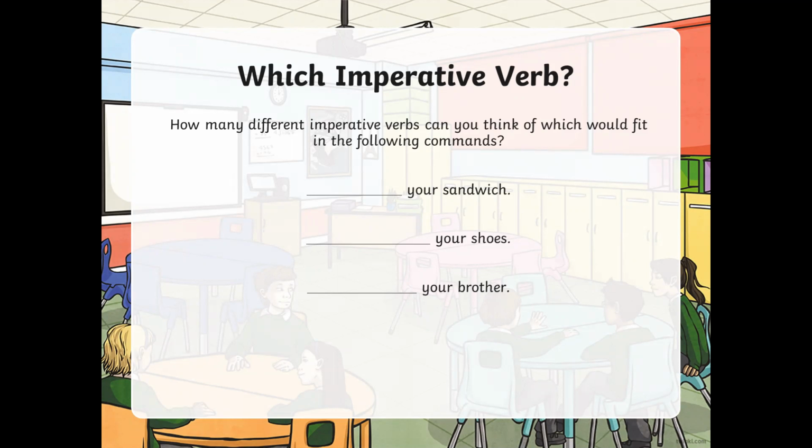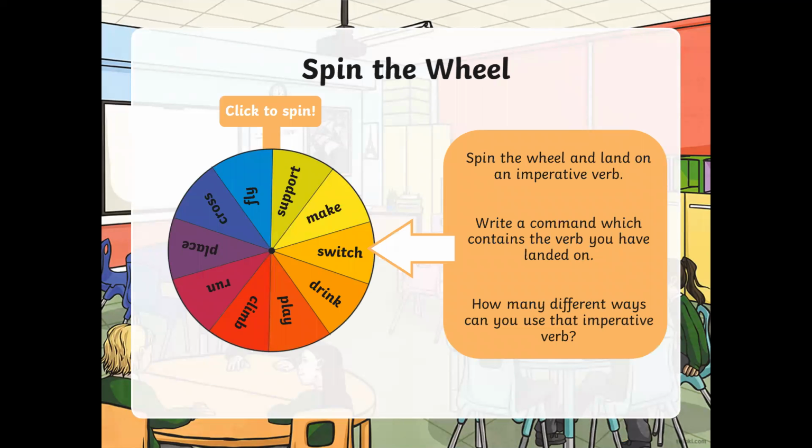Here you need to think of different imperative verbs to use in those 3 command sentences, and then have a go at spinning the wheel. I'm trying to get my mouse, but it's disappeared somewhere. Spinning the wheel, children, and when you spin the wheel, I'll show you how to do it.